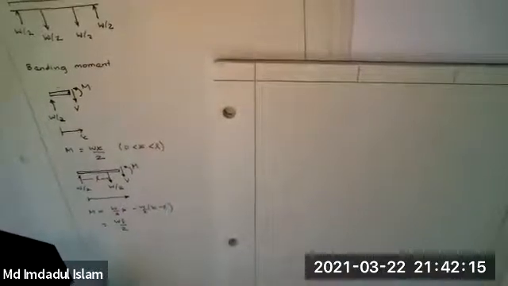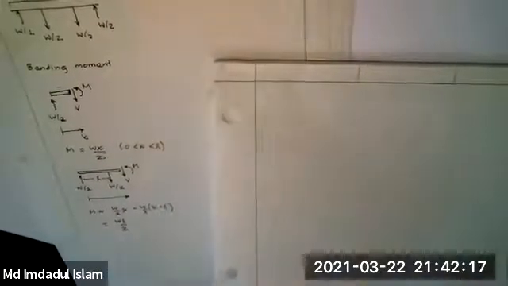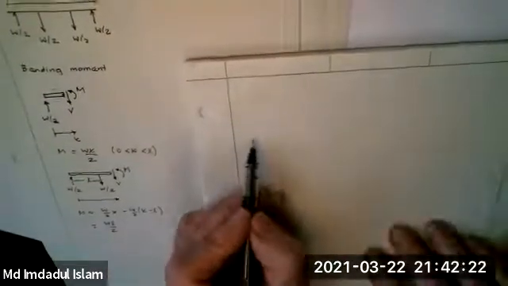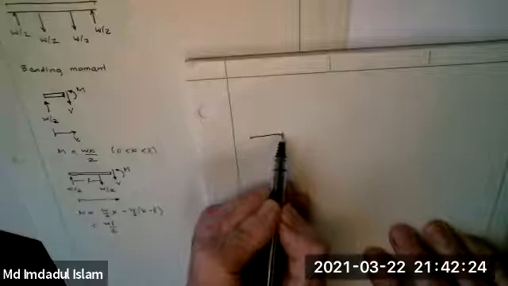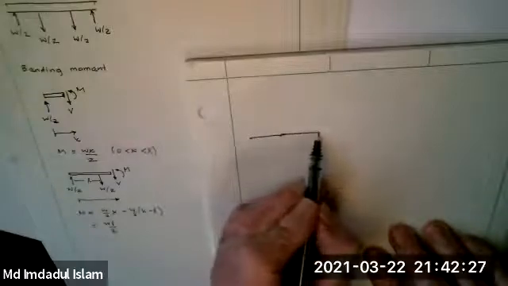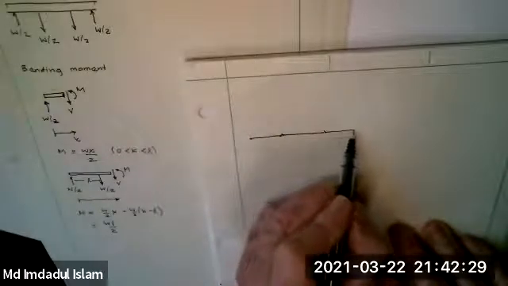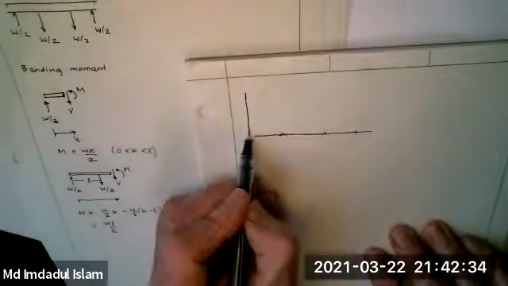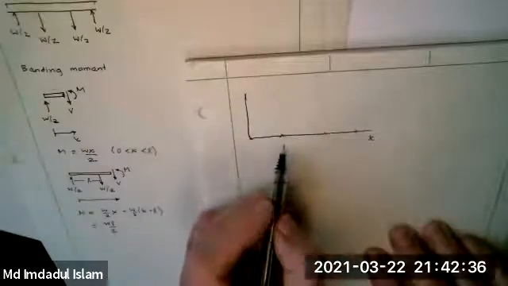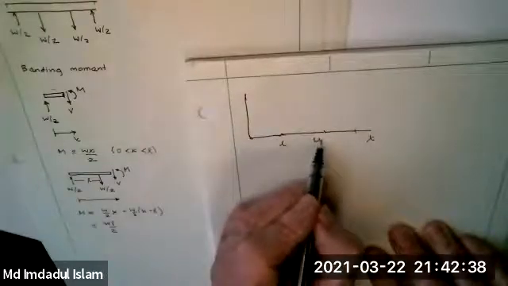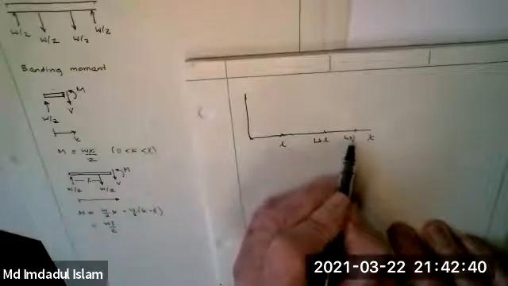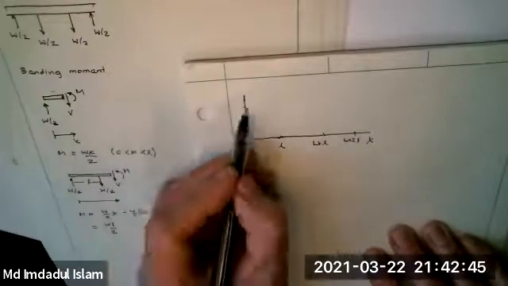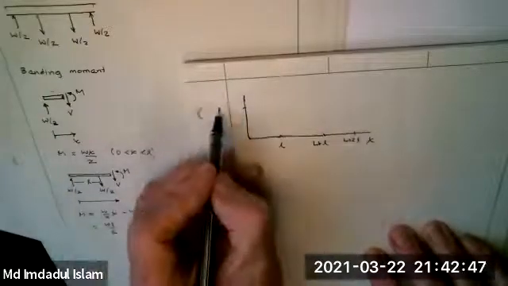So the bending moment diagram looks like this. It's linear. It's linear from 0 to L, increasing, and it gets up to this value of WL upon 2.